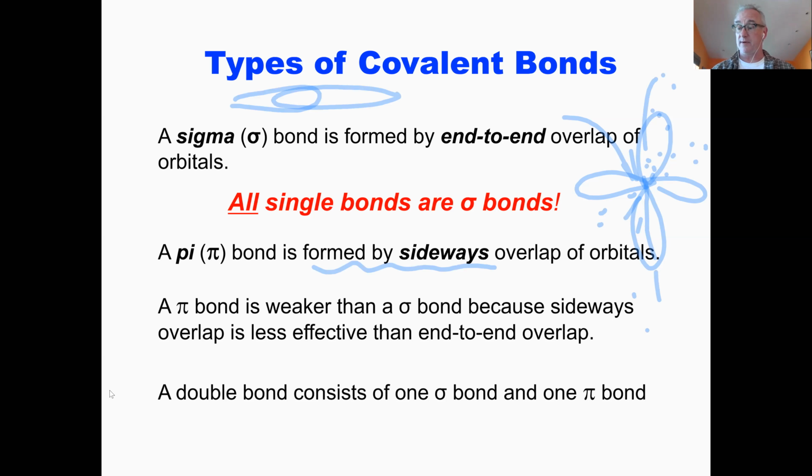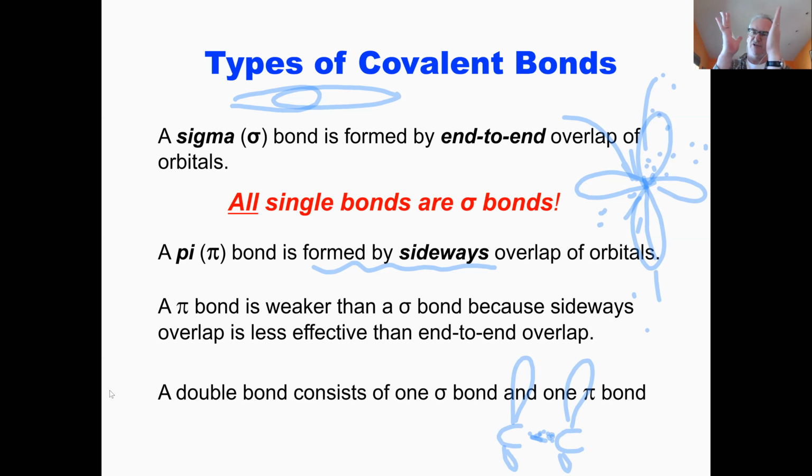But with p orbitals, here's my p orbital from one atom, and here's my p orbital for the other. They don't really come in direct contact with each other. They overlap sideways. So if here's my two carbon atoms, one here and one here. There's my sigma bond. And then p orbitals, both above and below, they overlap sideways.